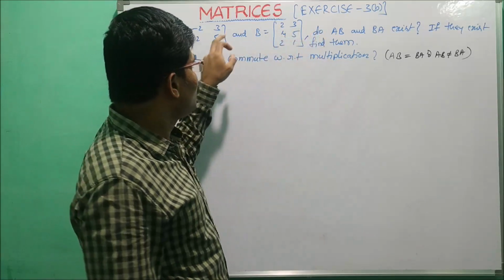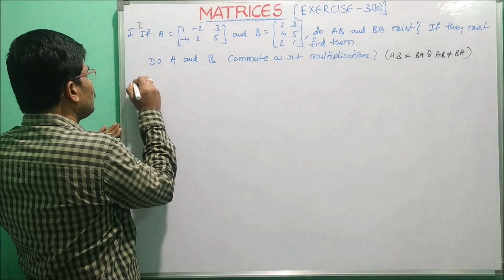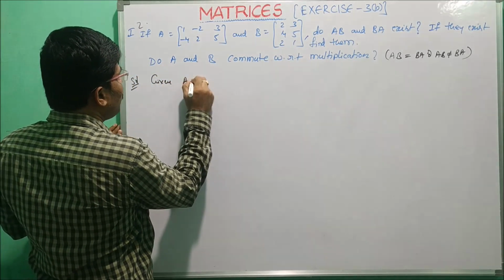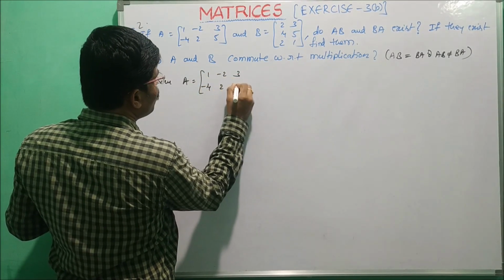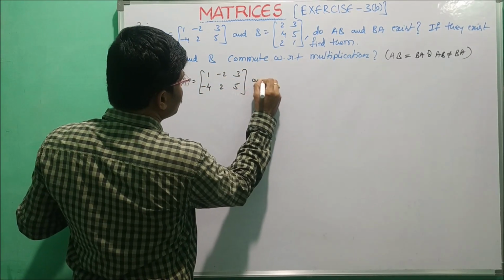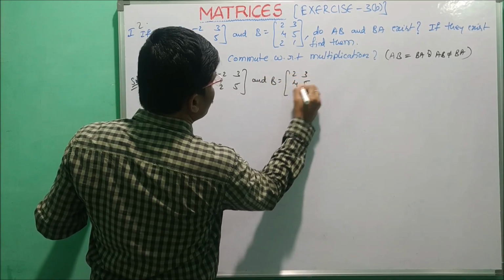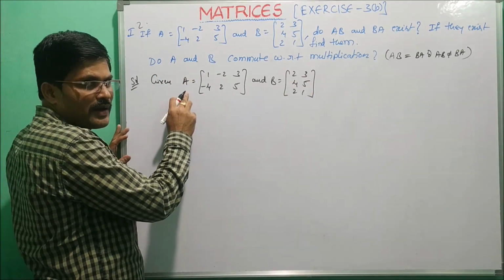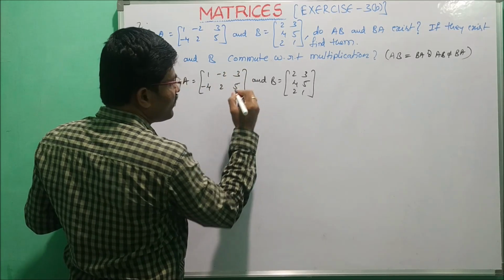First of all, does AB and BA exist? First of all, we write the given matrices. The matrix A is 1 minus 2 3 minus 4 2 5 and the matrix B is 2 3 4 5 2 1. Here we observe the order of matrix A is 2 rows 3 columns, that is 2 by 3.